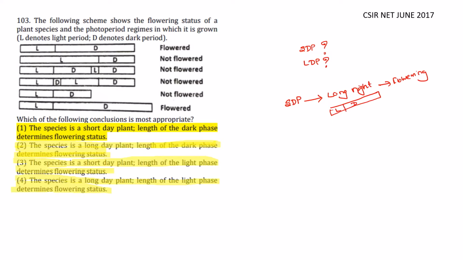A short day plant needs a long night for flowering, and this short day plant will not flower in a short night. No flowering.